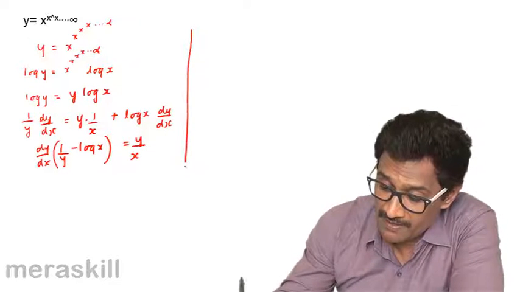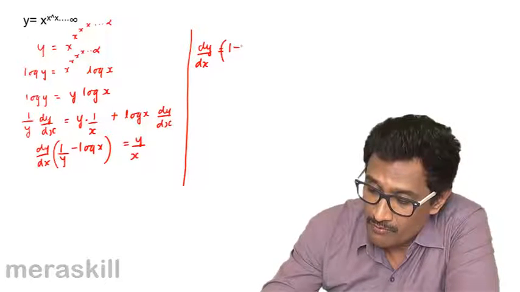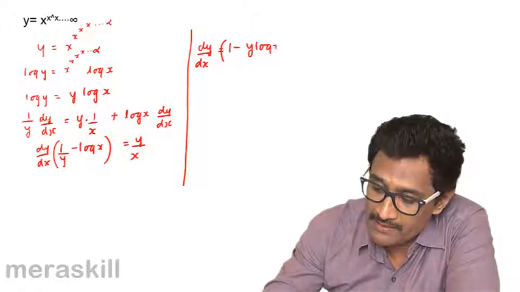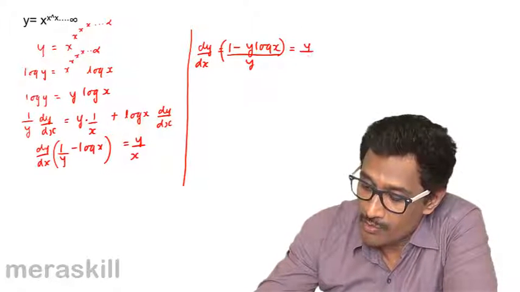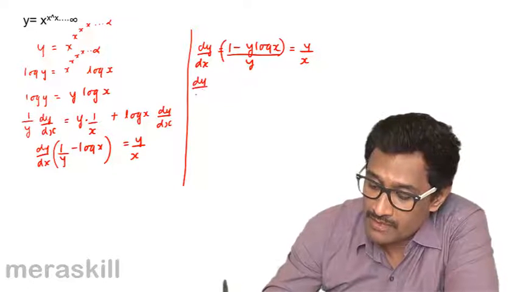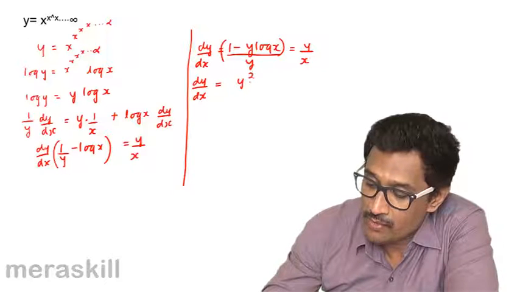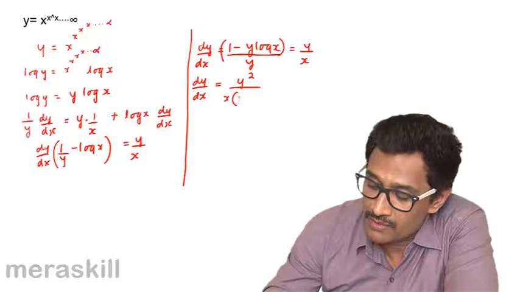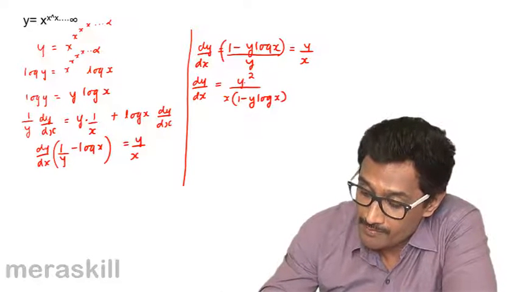Hence, if you simplify this, dy by dx into 1 minus y log x upon y is equal to y by x. So dy by dx is equal to y square upon x into 1 minus y log x.